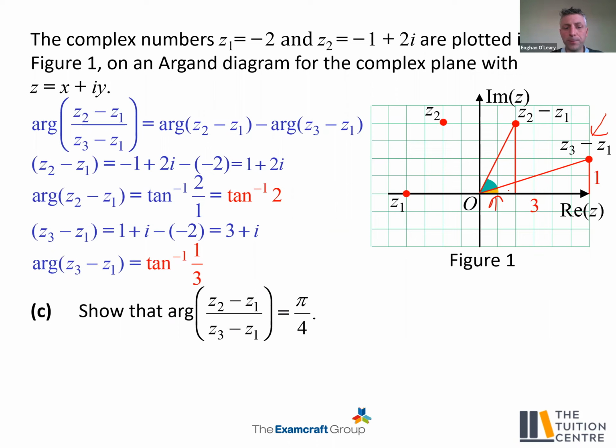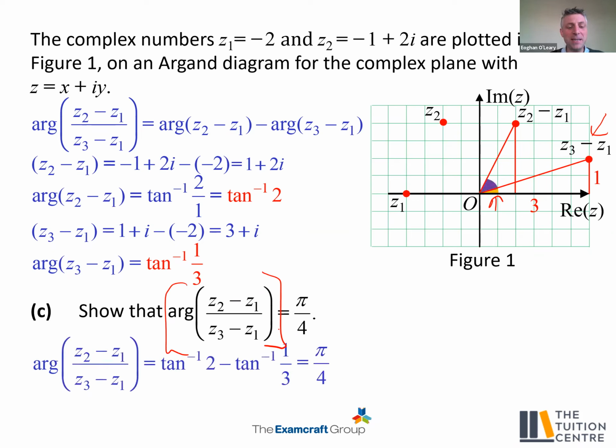So now I'm going to say, show that the argument of z2 minus z1 over z3 minus z1 is equal to pi over 4. And what you're going to do is just keep going here step by step until you get to your answer.